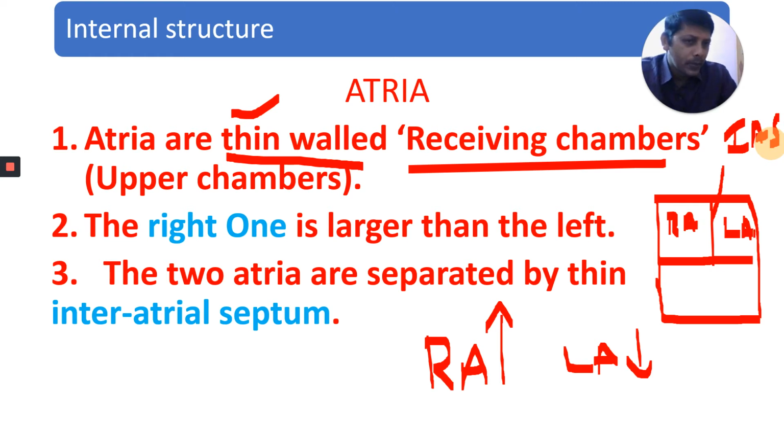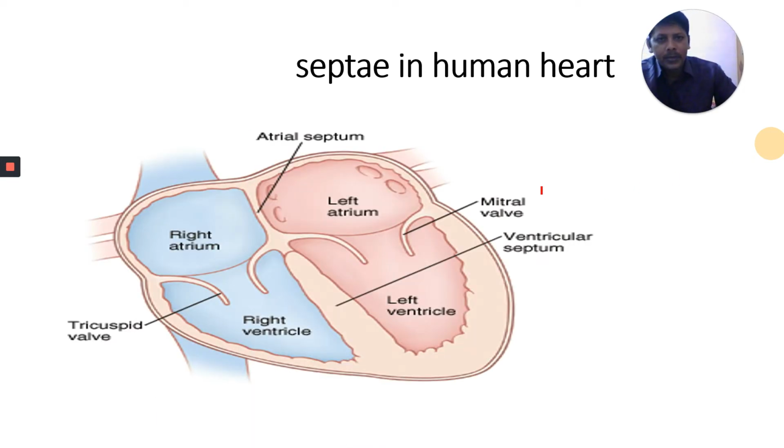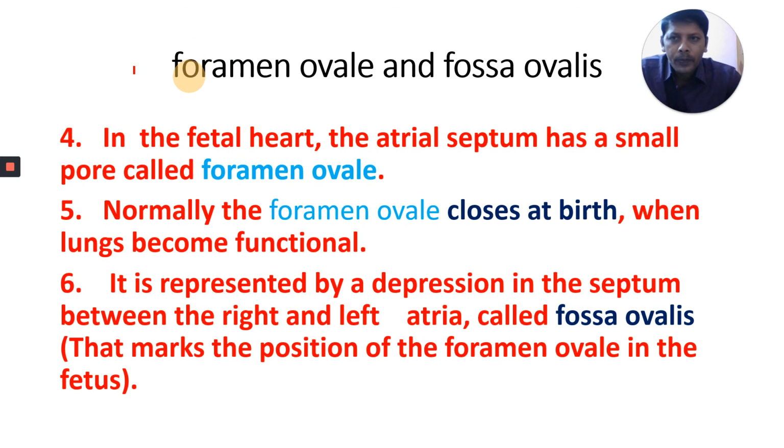Inter means in between. It is present between the atria. The two atria are separated by the interatrial septum, which separates the right atrium and the left atrium.